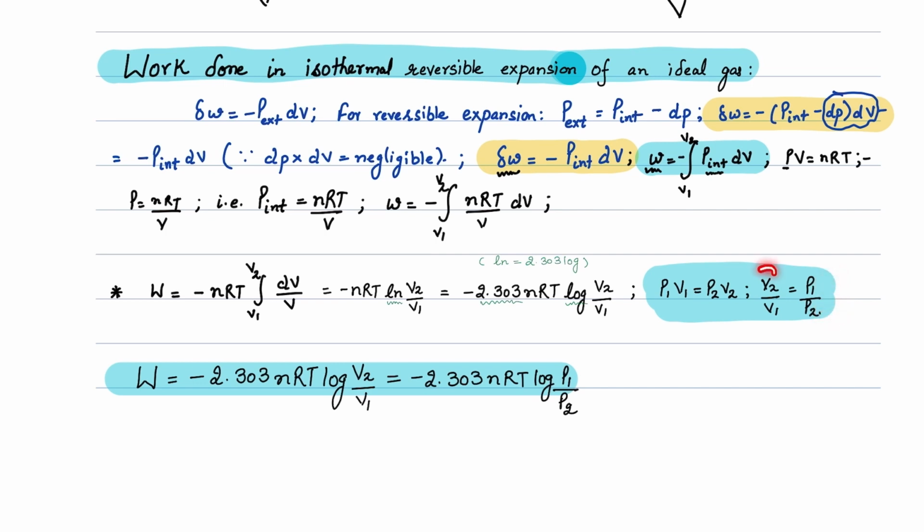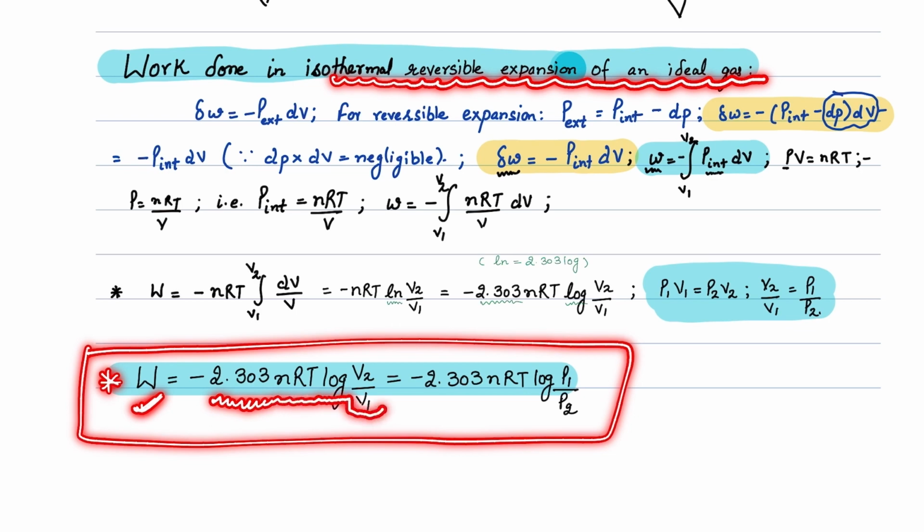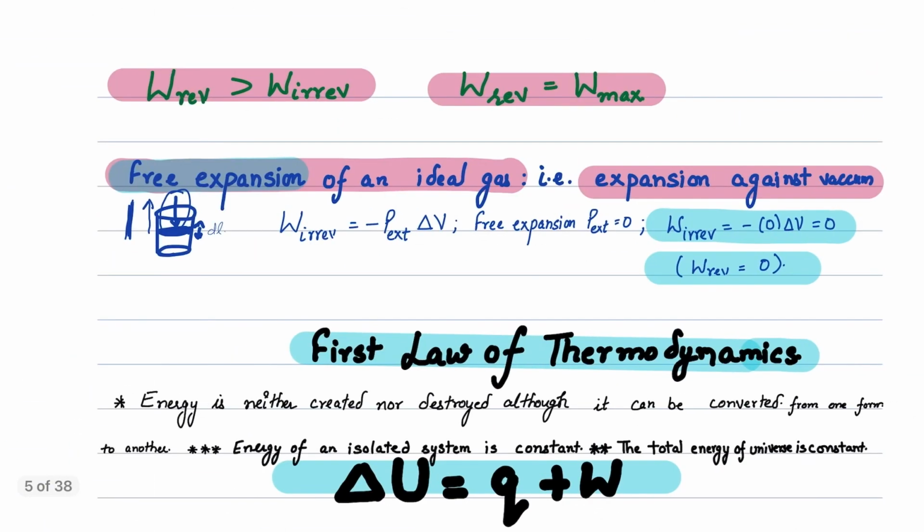Replacing this, we conclude that work done is equal to minus 2.303 nRT log of V2 by V1 in the case of isothermal reversible expansion of an ideal gas, or it is equal to minus 2.303 nRT log of P1 by P2. These two are very important formulas for school exams as well as for competitive exams like IIT-JEE Mains and NEET.